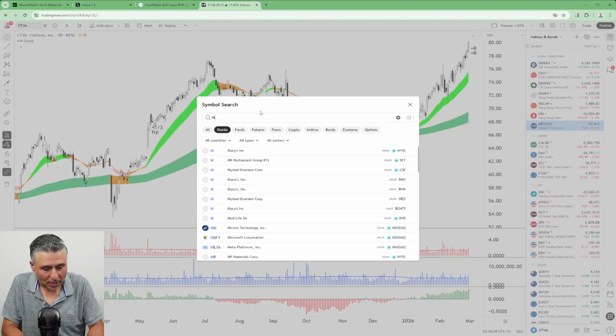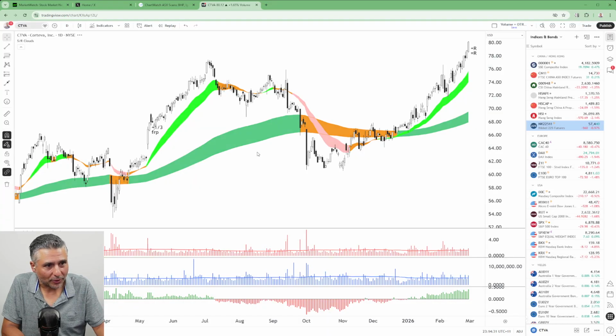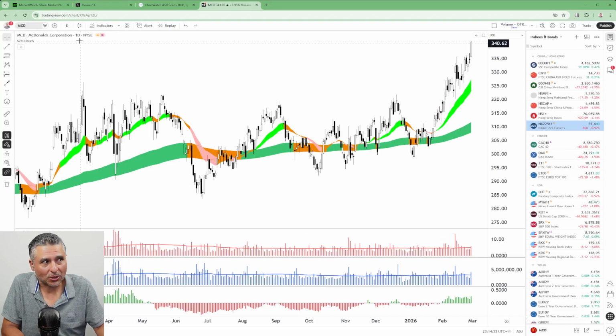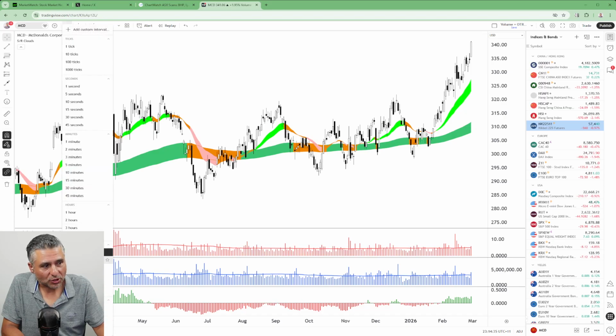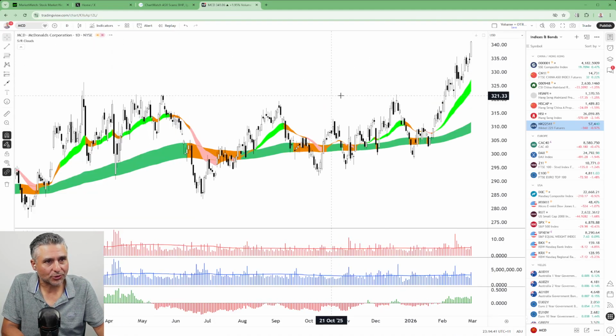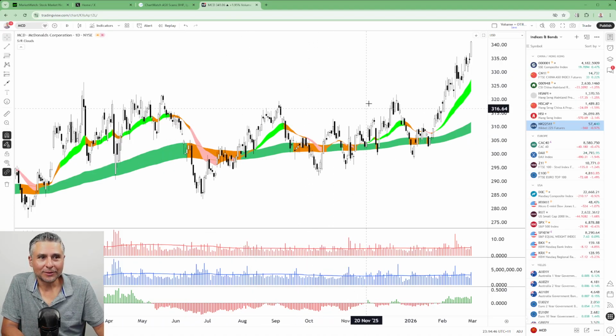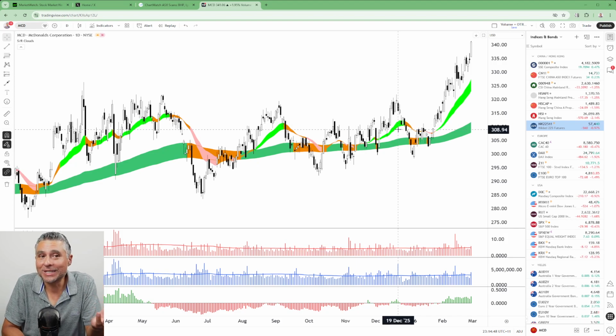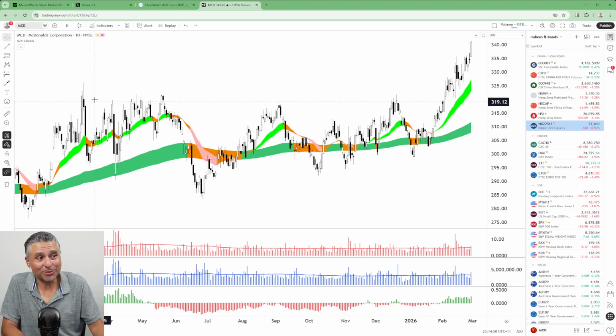Let's go to MCD. I know what this one does. You'll all know what this one does. McDonald's, very defensive stock. The other type of stock that does well at times of war, as perverse as that sounds, are defensive stocks like McDonald's. And that is breaking out. It's a little bit more choppy because when there's no need to play defense, defensive stocks pretty much do this, don't they?